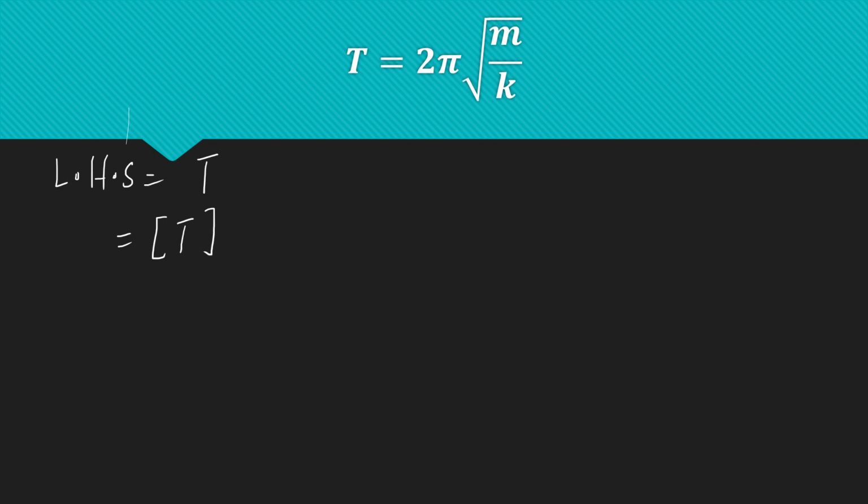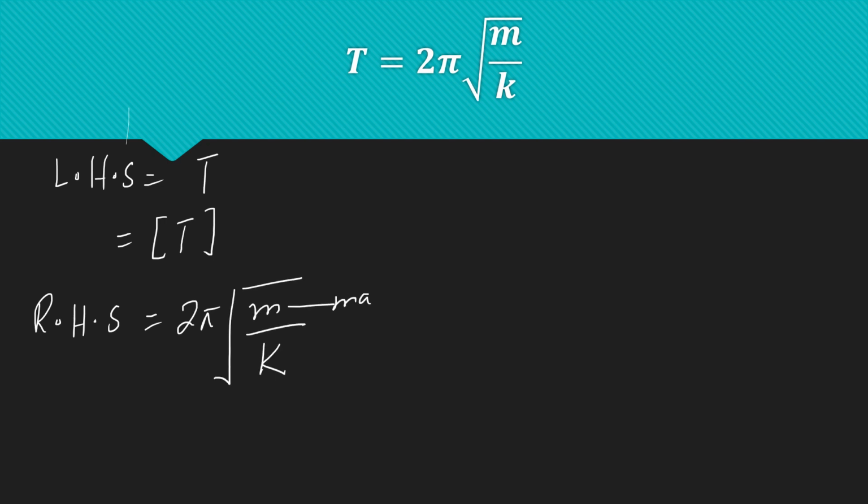Okay, so the next equation is the equation of the time period of the mass spring system. On the left hand side we have time, and the dimension of the time is t. On the right hand side we have the quantity 2 pi under root m upon k.